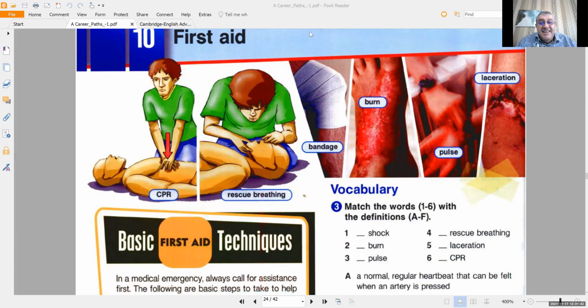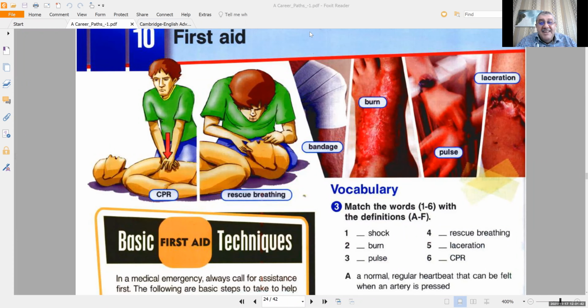Prevent shock by elevating the legs and covering the victim. Apply pressure to lacerations or other open wounds to stop bleeding. If bleeding has stopped, wound should be cleaned and wrapped in a bandage. Cool minor burns with running water. If the victim's pulse or breathing has stopped, CPR or rescue breathing can be performed. Be sure to clear the victim's airway before rescue breathing is carried out.